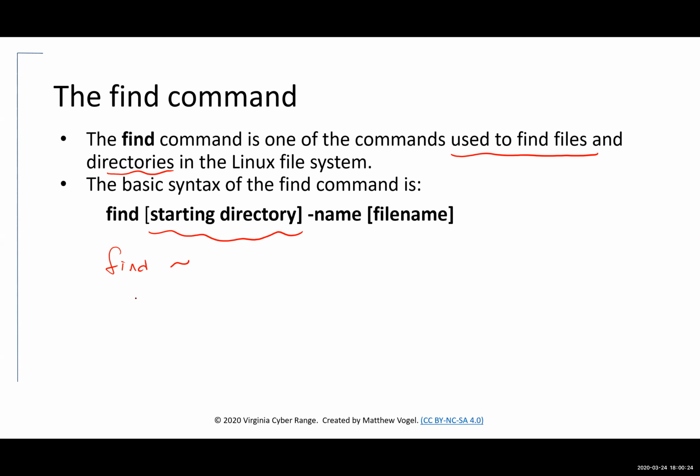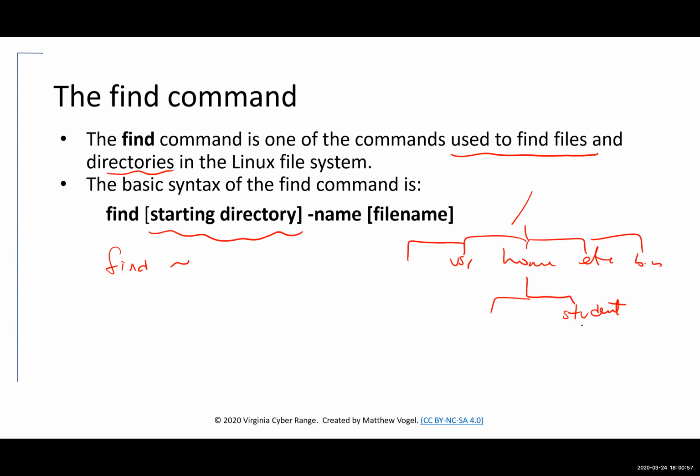And that's going to search, and if we remember from the file tree, we have the root directory, and then we have home, and we have etc, and we have bin, and we have user. So there's a bunch of different subdirectories, and then under home, we have each of the user directories. So the one that we use most often is our student directory.